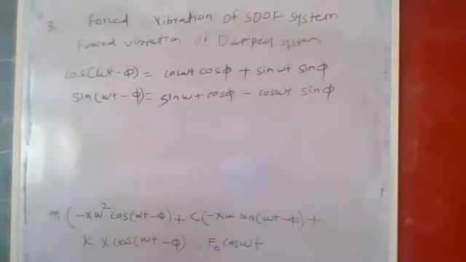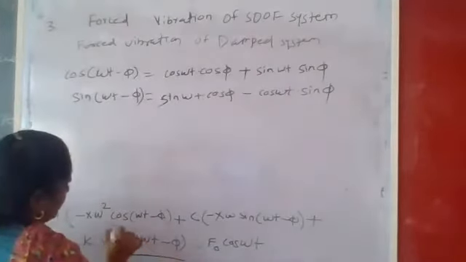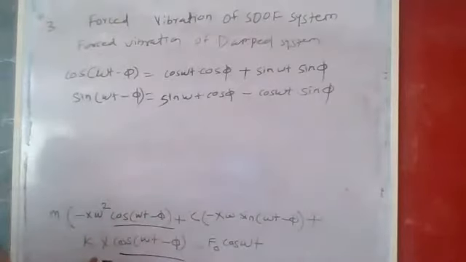See whether you can take something common from this. You can see here, this is a common term. The remaining term is k minus m omega square, and X is the common term.